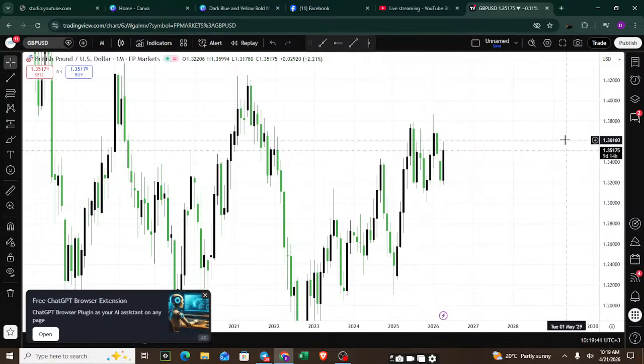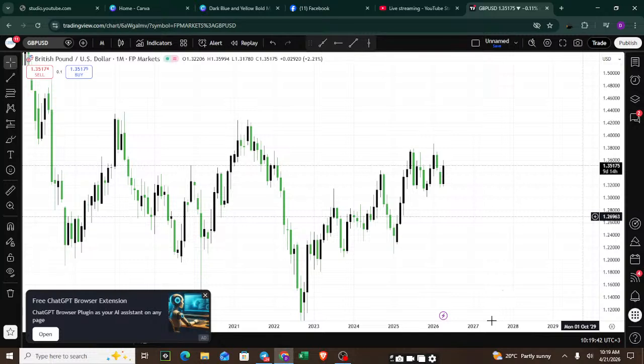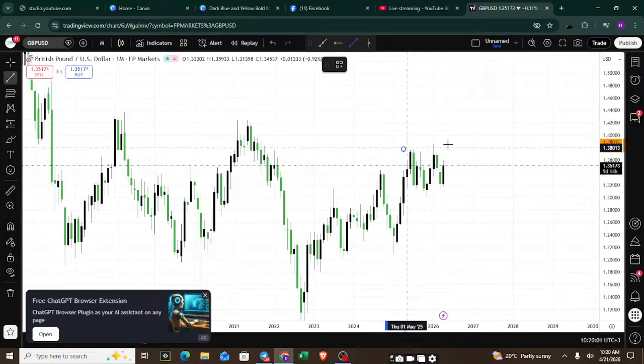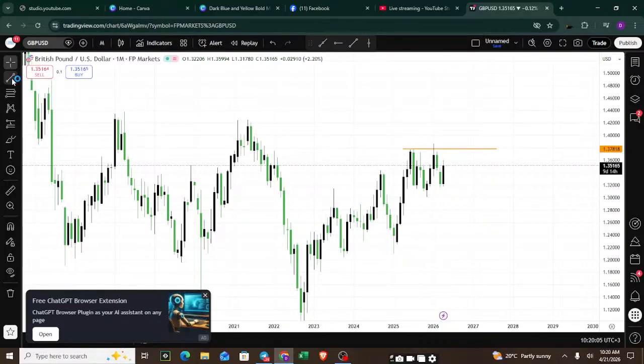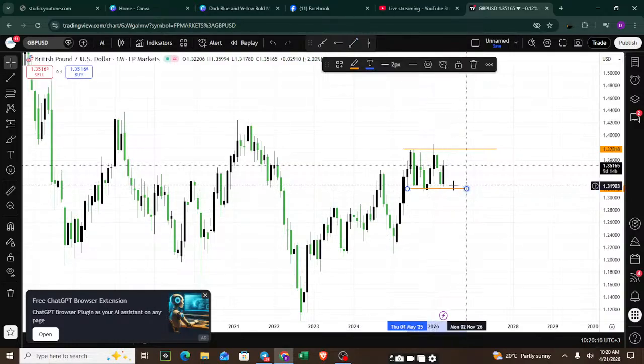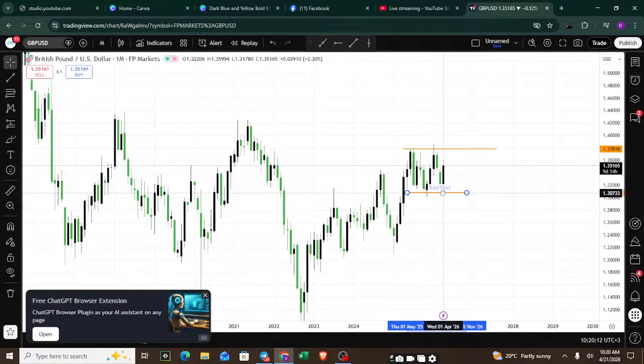So when we check the monthly time frame, we can see a very clear picture of what price is trying to do.